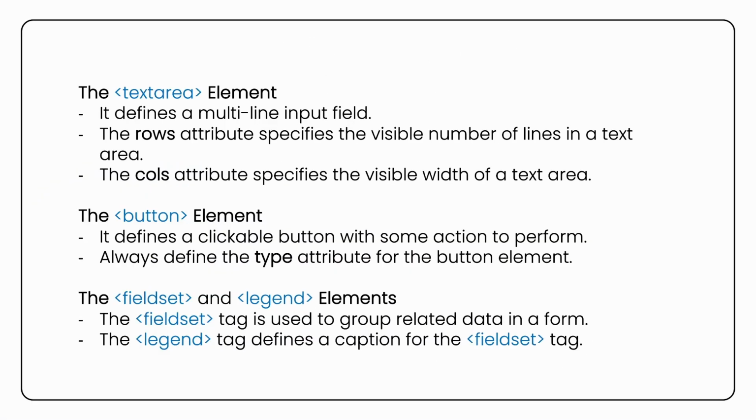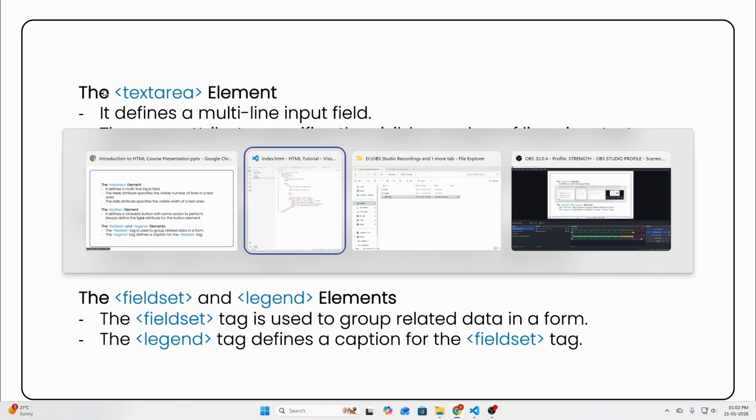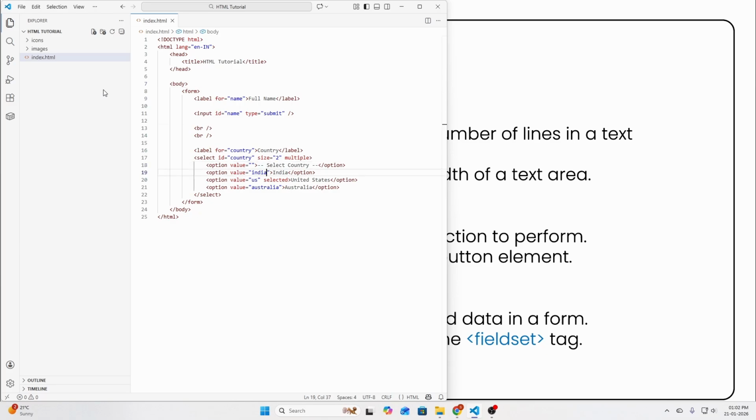Next we have the textarea element, which defines a multi-line text input or a text area. So if we go to our Visual Studio Code, let's write another label for our textarea element.